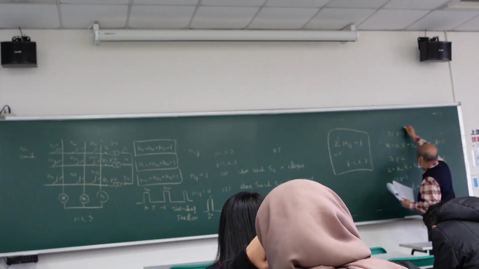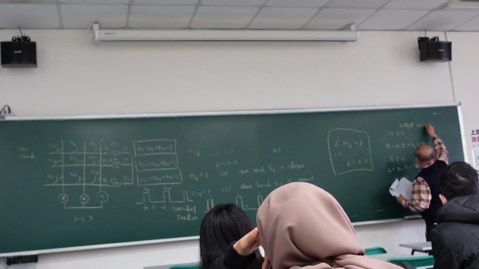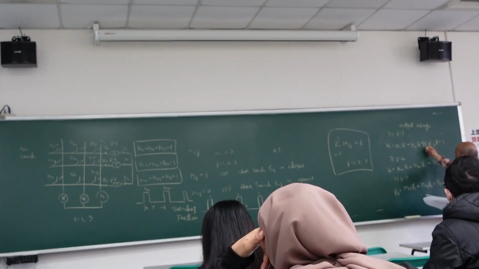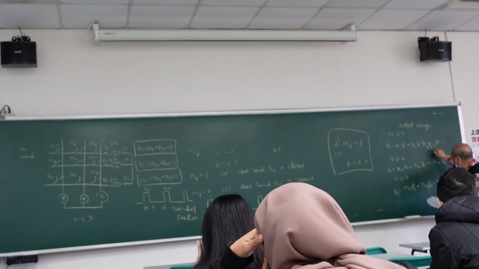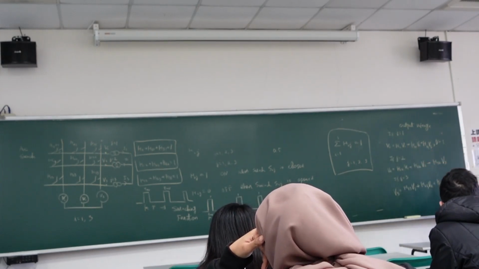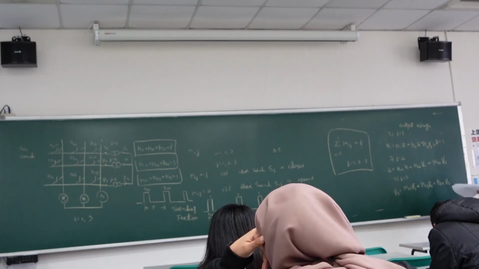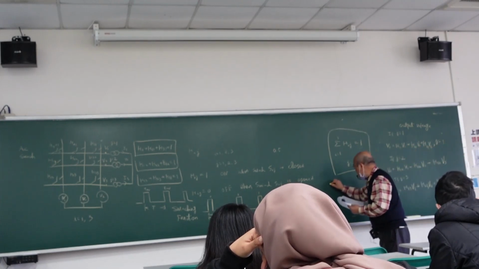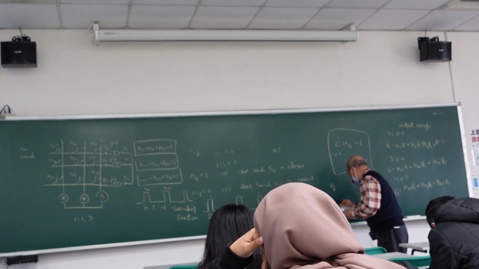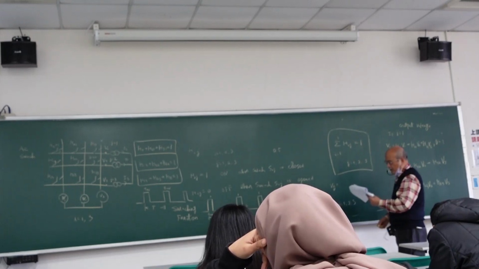So we call this is output voltage. So output voltage is related to input voltage and also related to switching function. Related to switch and input voltage. So if you want to write down these three equations become one equation, how can you say this? So you can say we have Vj, but J could be 1, 2, or 3. So what is Vj?